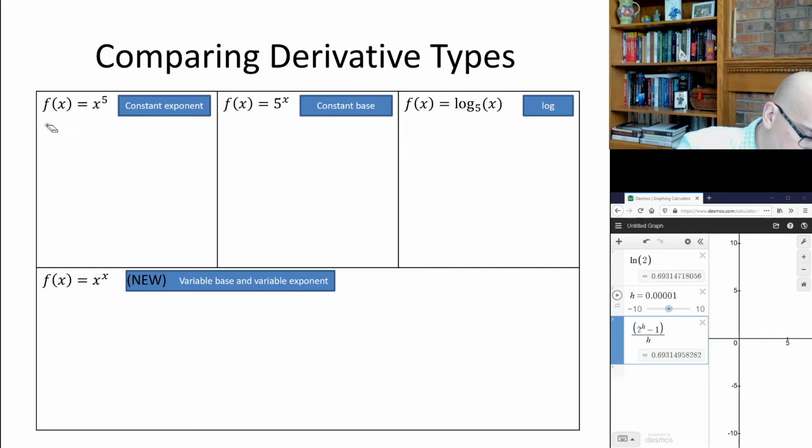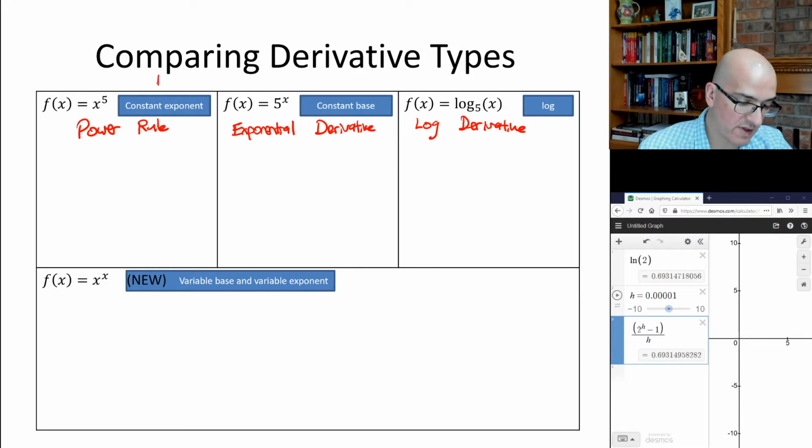So the power rule, exponential derivative, log derivative, and then each of these can be combined with chain, product, and quotient, or some combination of those.